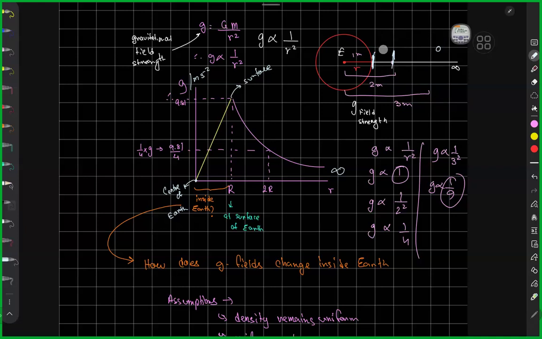You have to understand what's happening over here. Very important. Do we understand what has happened from the surface till infinity? As we move an object from the surface of Earth till infinity, are we all clear on this? Give me a thumbs up. Yeah.